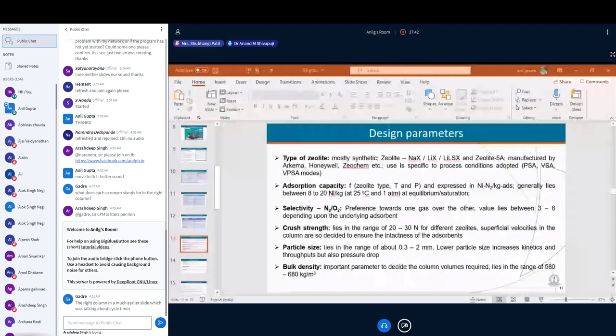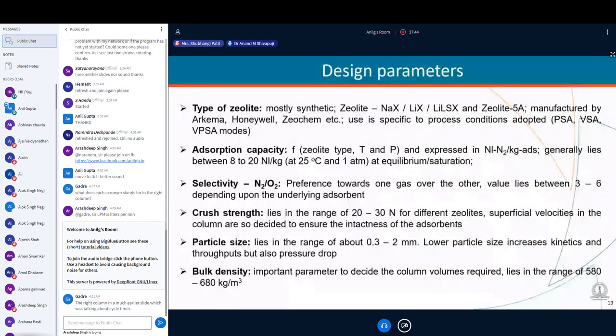So absorption capacity and selectivity are two important parameters, and crushing strength is a physical parameter, wherein bed material, being of some standard material, can get crushed if it is subjected to continuous mechanical load. Then comes the particle size. We have these particles varying from 0.3 millimeters to much higher values.